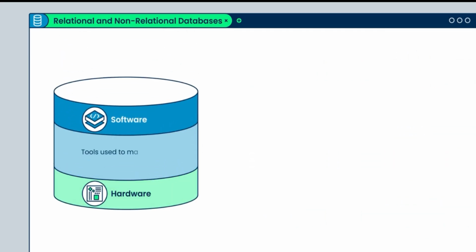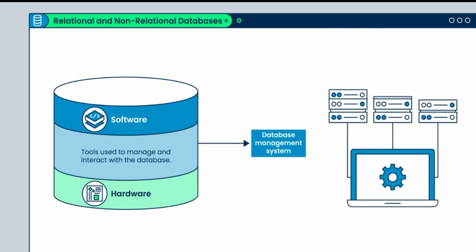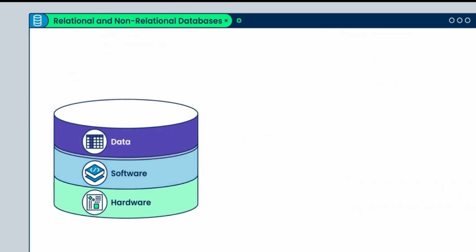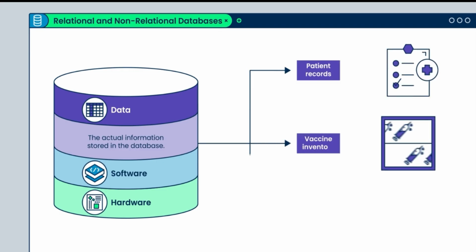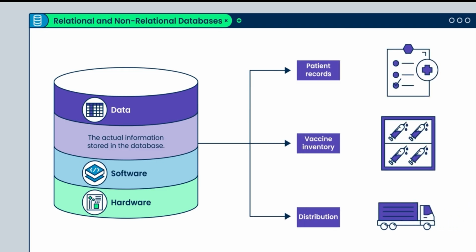Software is a tool used to manage and interact with a database, such as the database management system. Data represent the actual information stored in the database, which is the core of any database system. Data can be, for example, patient records, vaccine inventory, and distribution data.